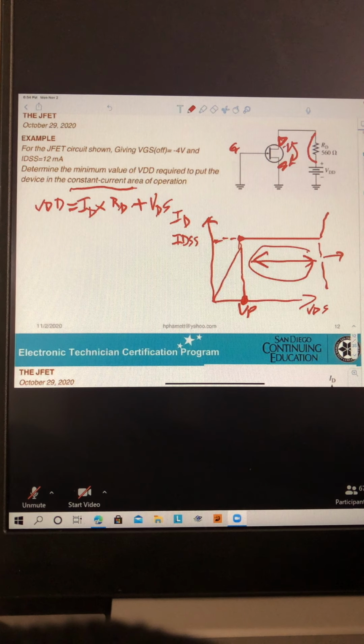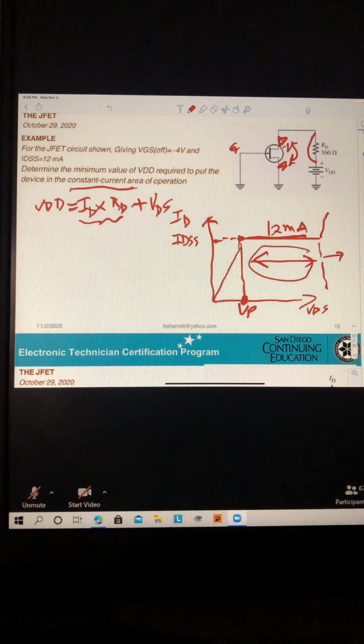Now, VRD. Can you calculate VRD? At 6.72, if we're using the value of IDSS as ID. The thing is, they want the current here to be how many? 12, right? Yes. So you get 12 milliamps times 0.56 kilohms.